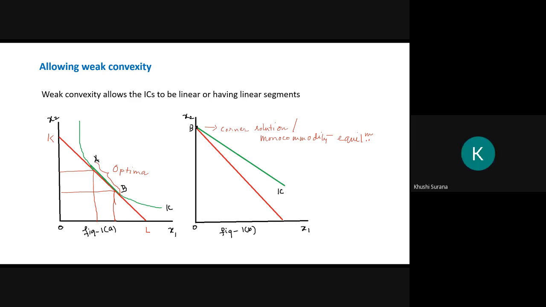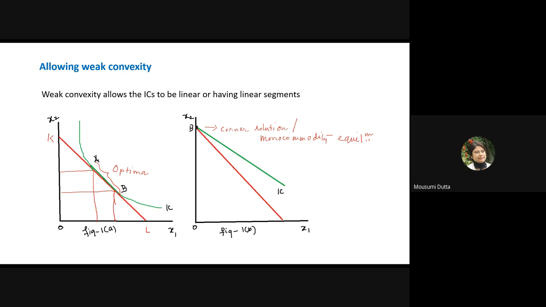As a result, all the points on the budget line between A and B are optima.